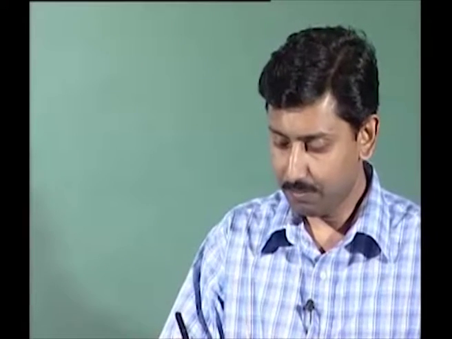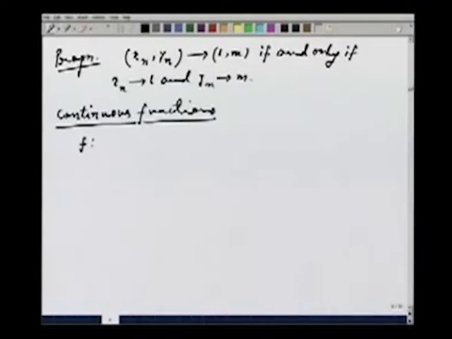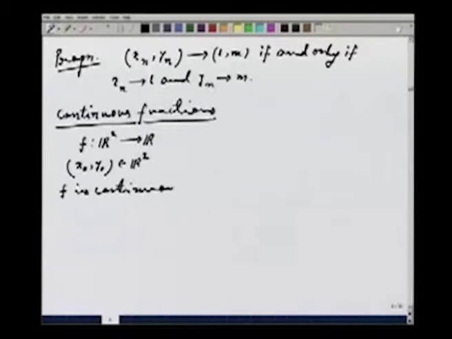So let us say f is a function, let us start with from R2 to R. Suppose (x0, y0) is a point in R2. What do we mean by f is continuous at (x0, y0)?